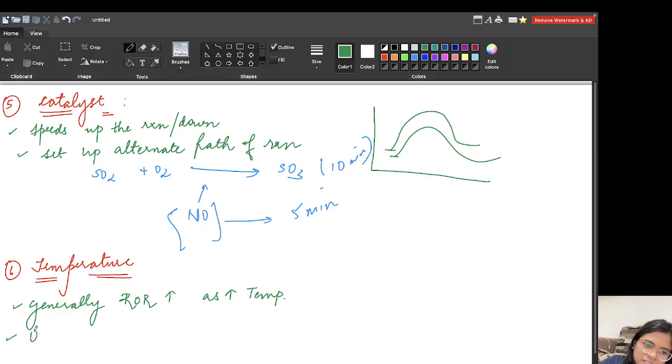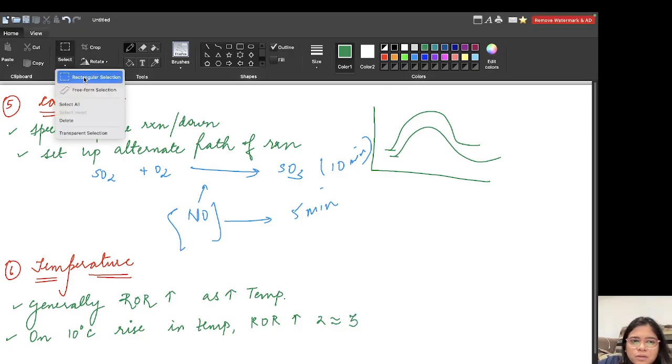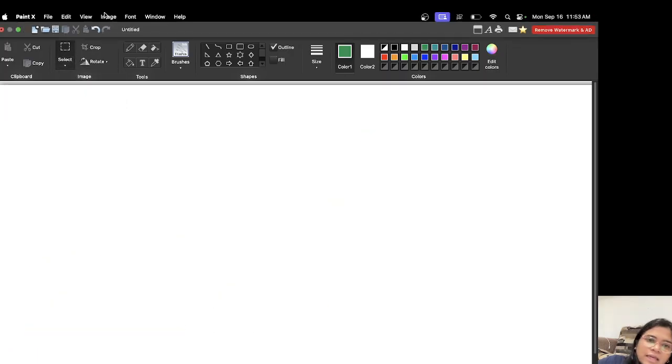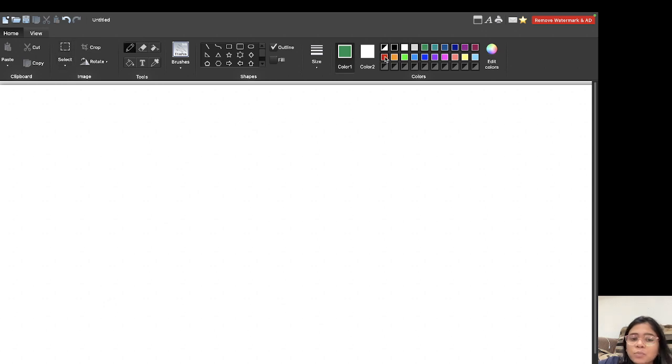Usually it's told that on a 10 degrees Celsius rise in temperature, your rate of reaction will increase approximately 2 to 3 times. Then the last and very important point is concentration of reactant.